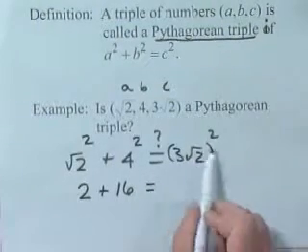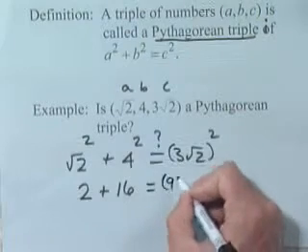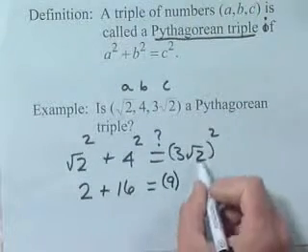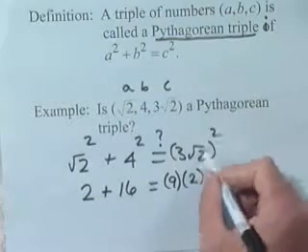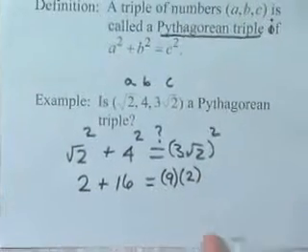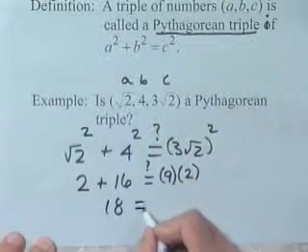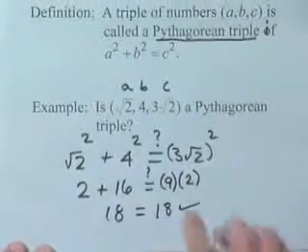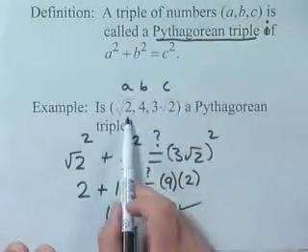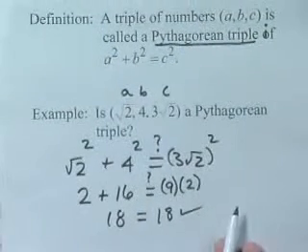Now to square a number like this, we square the 3, which is 9. We square the square root of 2. Again, the root will cancel with the square. And 2 plus 16 is 18, and 18 does, in fact, equal 18. Therefore, the set of numbers square root of 2, 4, 3 root 2 is a Pythagorean triple.